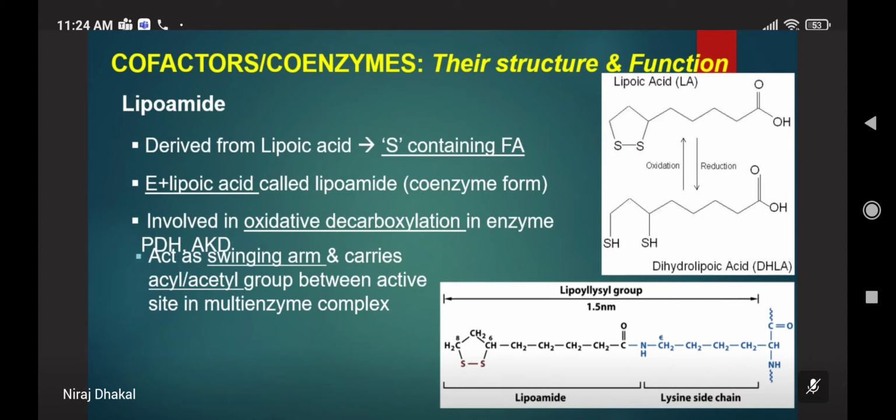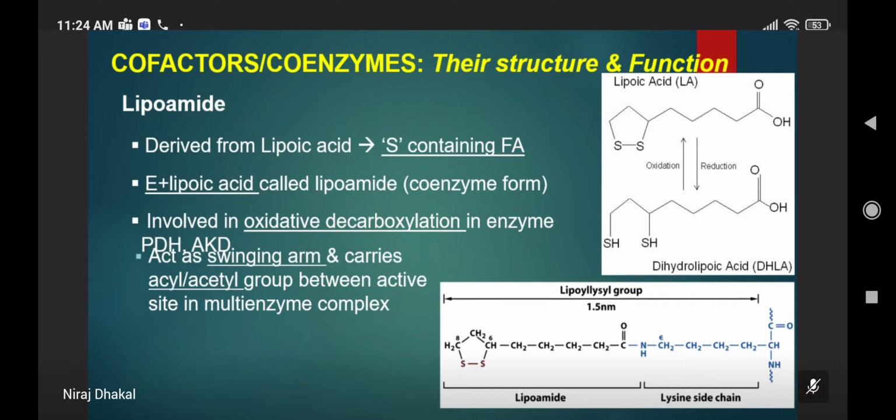Usually a single enzyme performs a single function and has a single active site, but in a multi-enzyme complex there are multiple active sites, and the substrate has to be channelized from one active site to another.